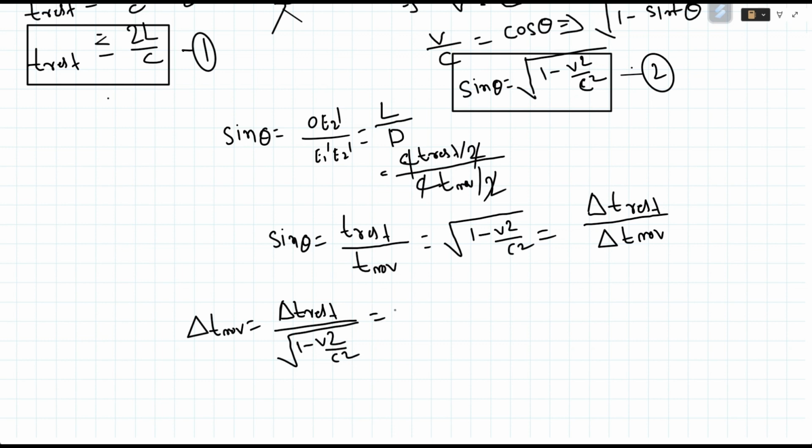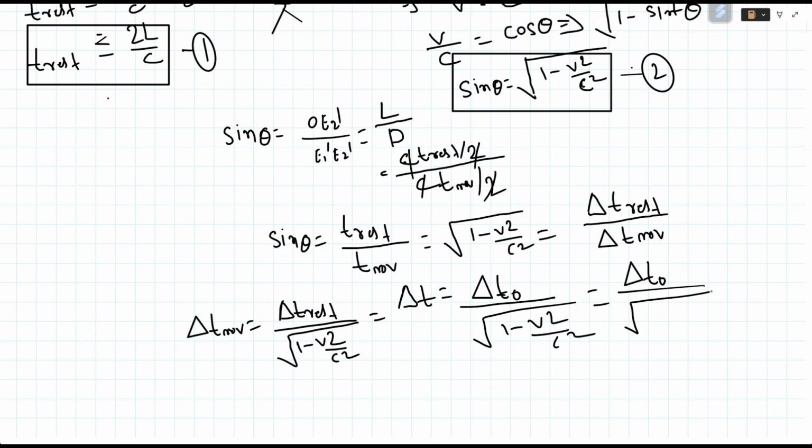So basically you can also write delta t equals delta t naught divided by root under 1 minus v square by c square, or in terms of your beta parameter, 1 minus beta square, where beta is called the velocity ratio v by c.